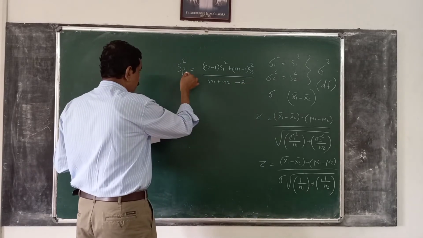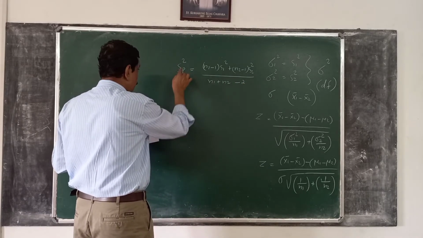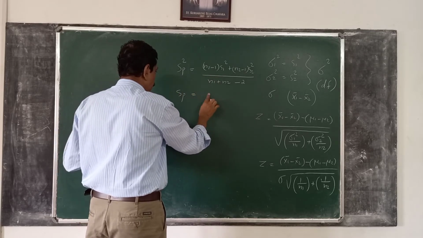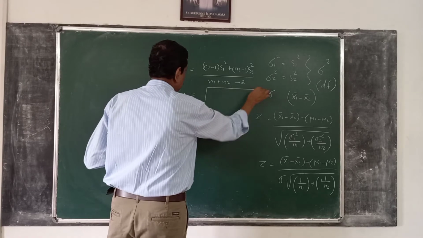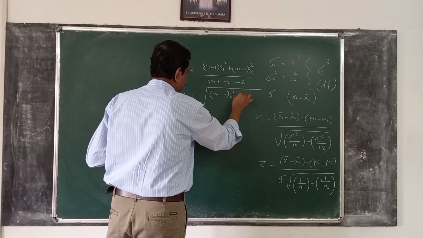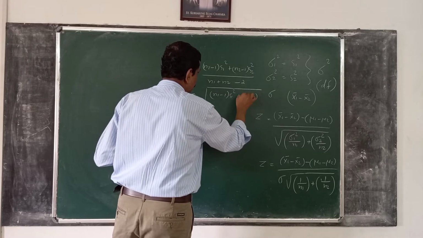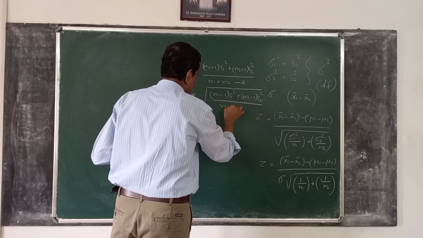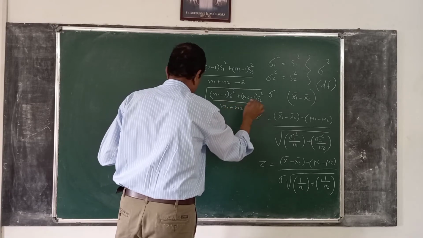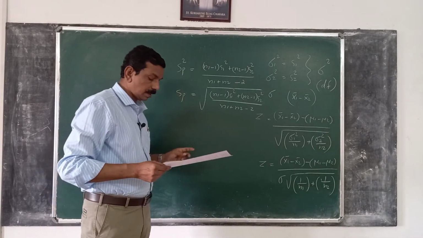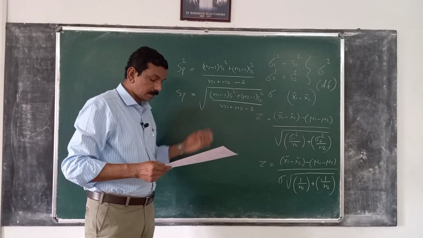And its estimate of sigma is Sp equal to the root of n1 minus 1 into S1 square plus n2 minus 1 into S2 square, divided by n1 plus n2 minus 2, where p means pooled and Sp is the pooled standard deviation.